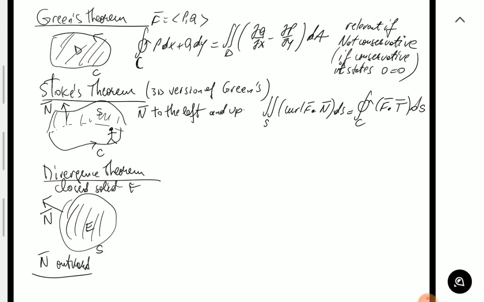The theorem states that the surface integral over S of this vector field across the normal is the triple integral over that solid of the divergence of the vector field.